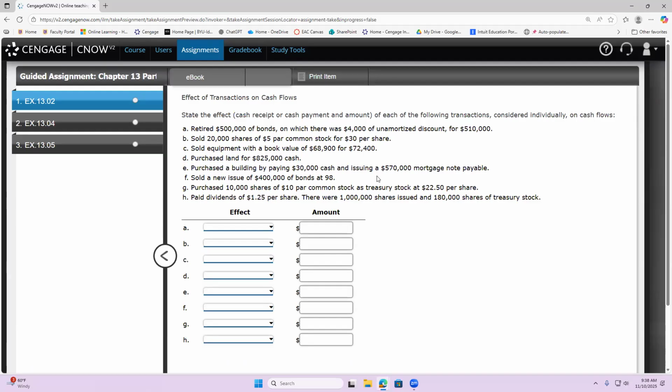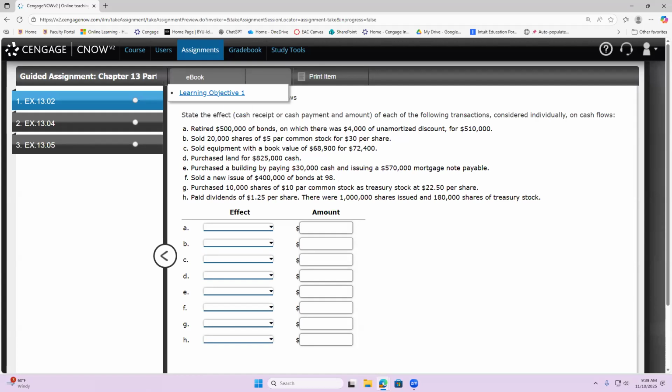So state the effect, cash receipts or cash payment, of each of the following transactions. So we retired $500,000 of bonds on which there were $4,000 of unamortized discount for $510,000. Okay.